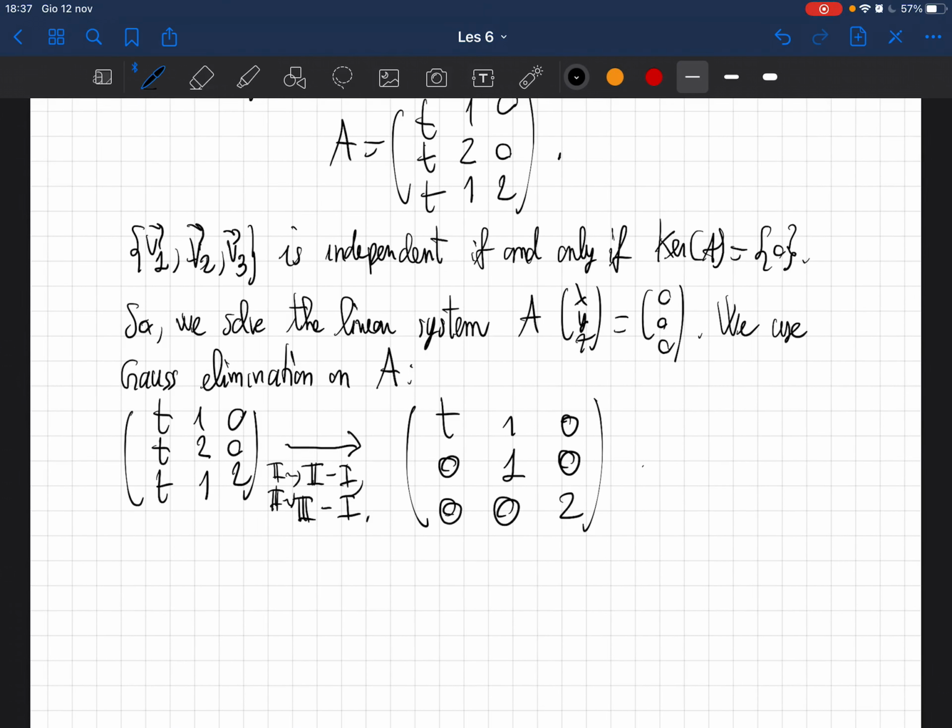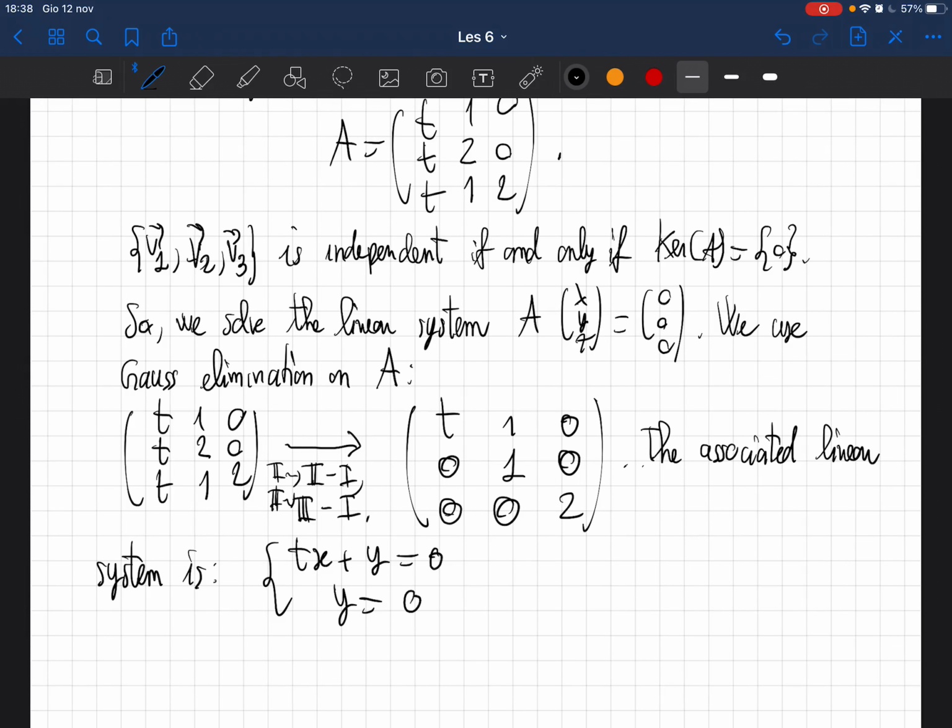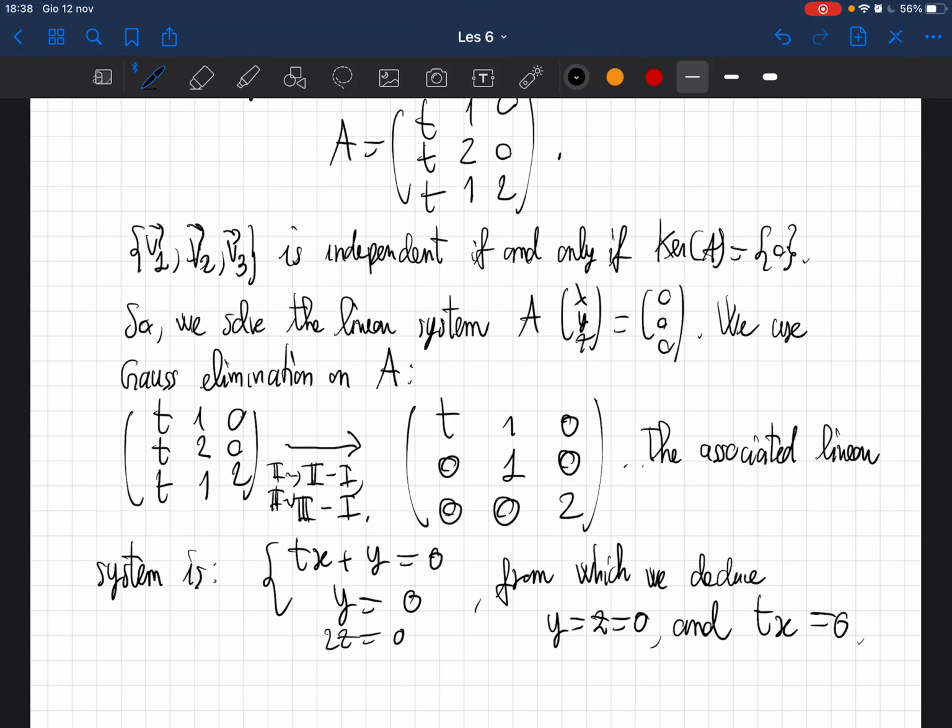And so, let's see, the associated linear system is, well, tx plus y is equal to 0, y is equal to 0, z is equal to 0, from which we deduce y equal to z equal to 0, and tx is equal to 0.